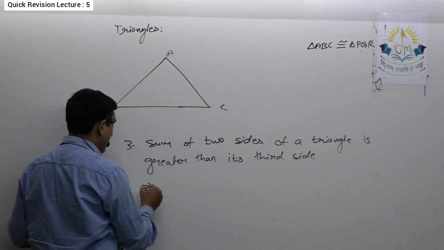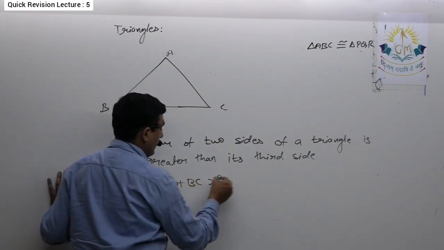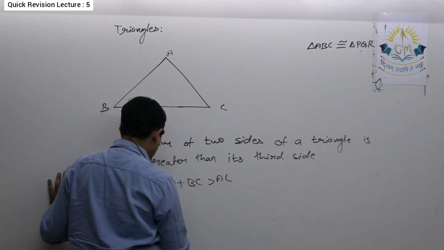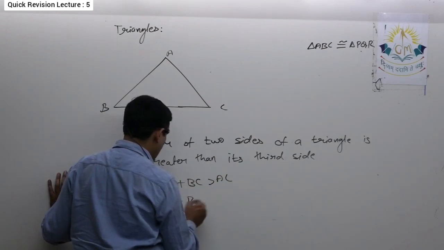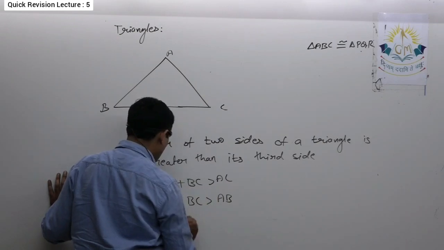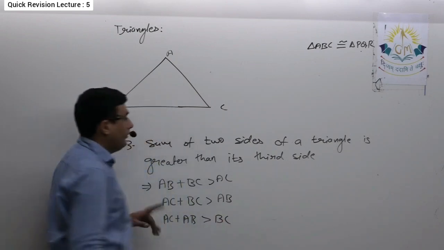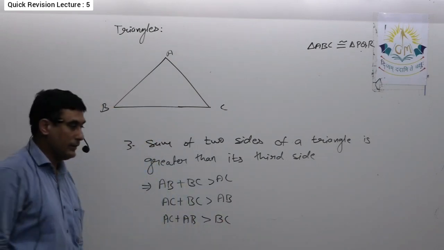That is, I can say over here AB plus BC is greater than AC, or AC plus BC is greater than AB, or AC plus AB is greater than BC. The sum of any two sides of a triangle is greater than the third side.